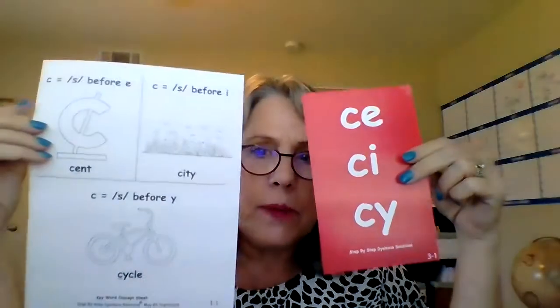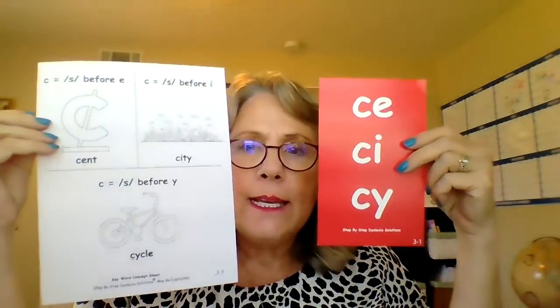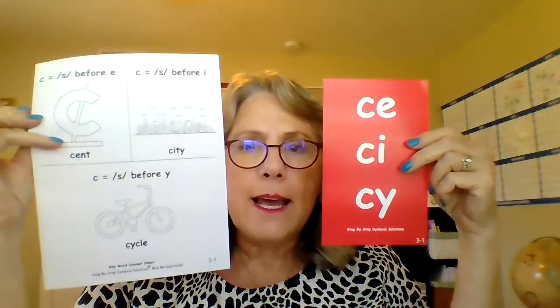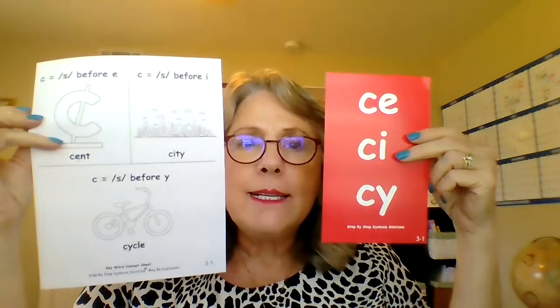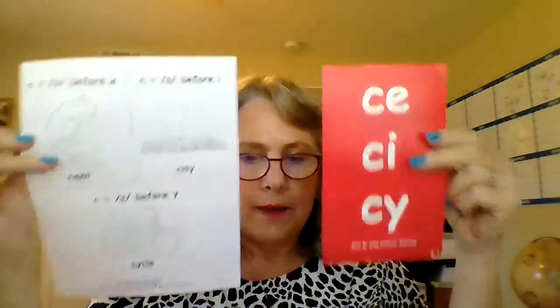There's two things we want them to know. One of them is that the C has a soft sound with E, I, and Y. So these are the pictures. CE, cent, se. CI, city, si. CY, cycle, si.